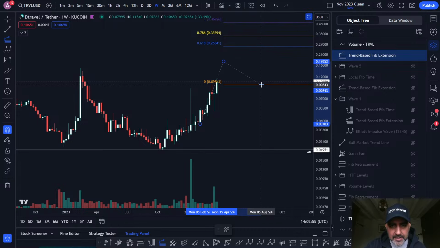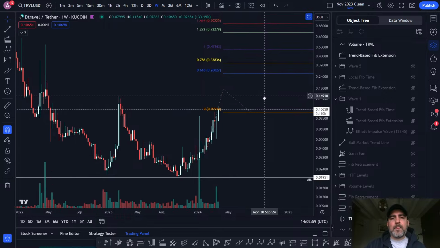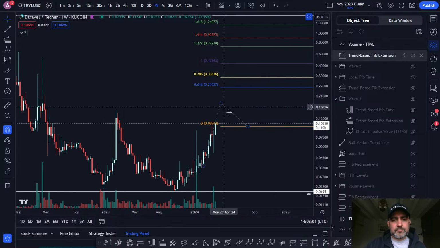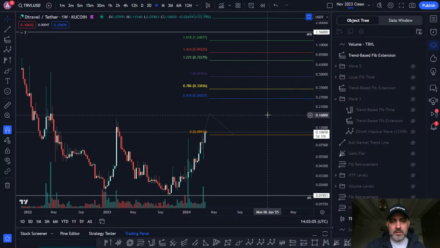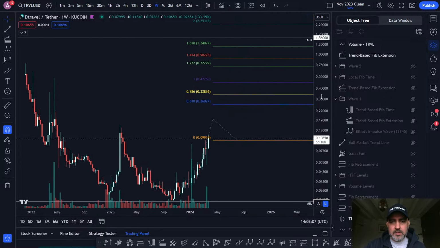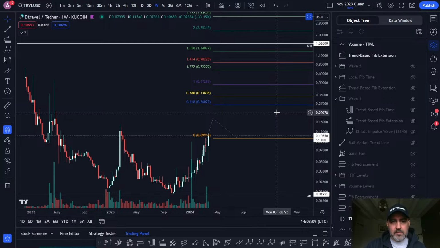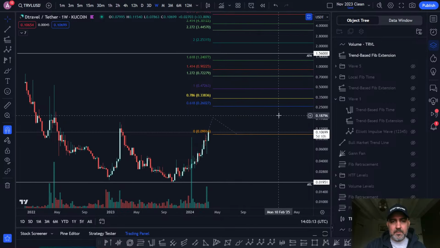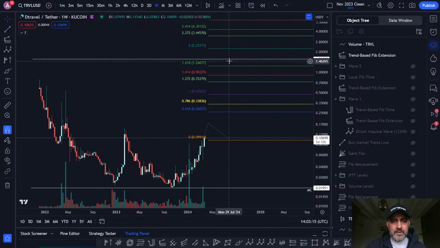Come back to the top of that candle. You probably want to go all the way up on a wave 3.